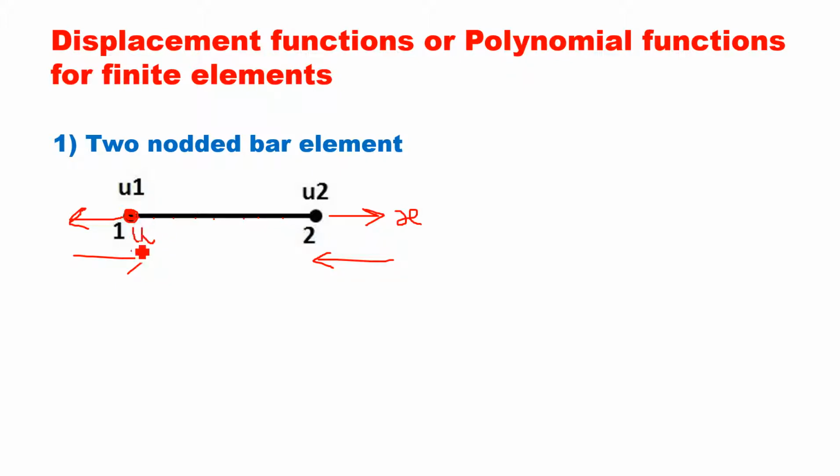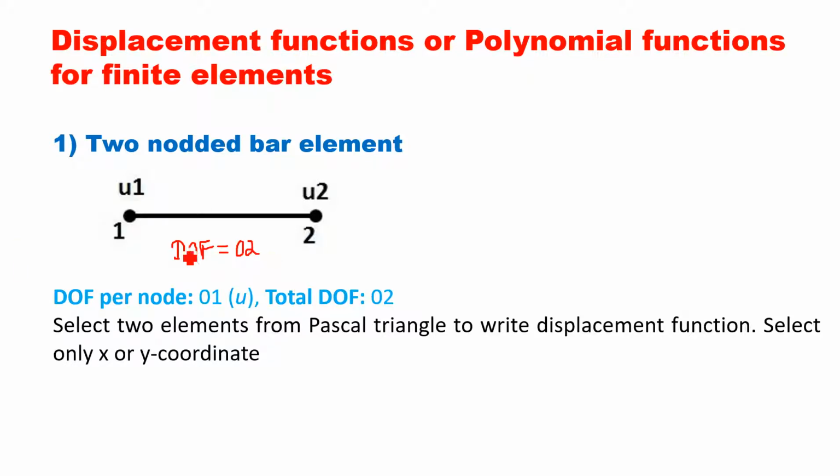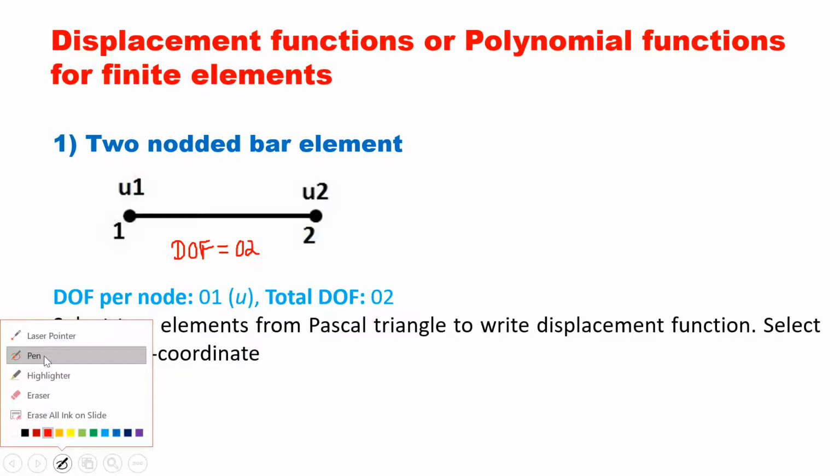And that's why at node number 1 displacement is u1, and at node number 2 displacement is u2. So remember, in the bar element, total degrees of freedom are equal to 2 if there are 2 nodes. So at each node there is one unknown, right? So since there are 2 nodes, total degrees of freedom are 2.